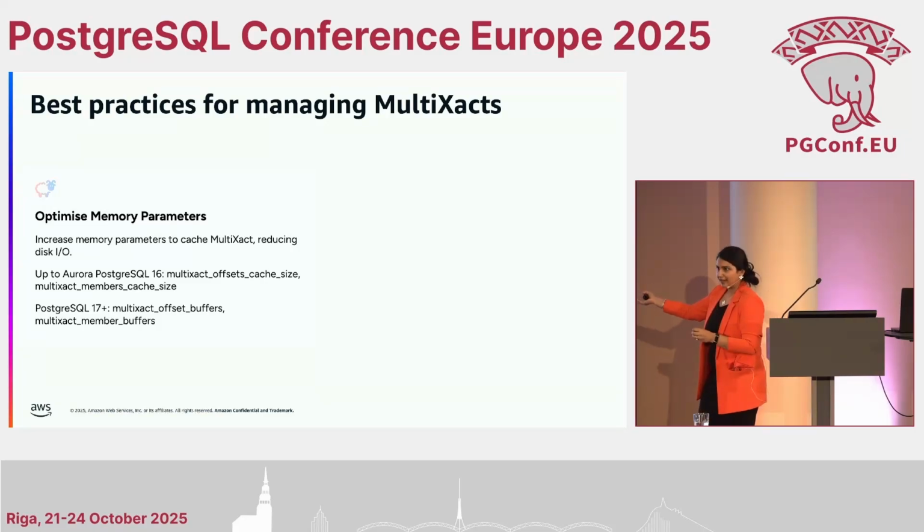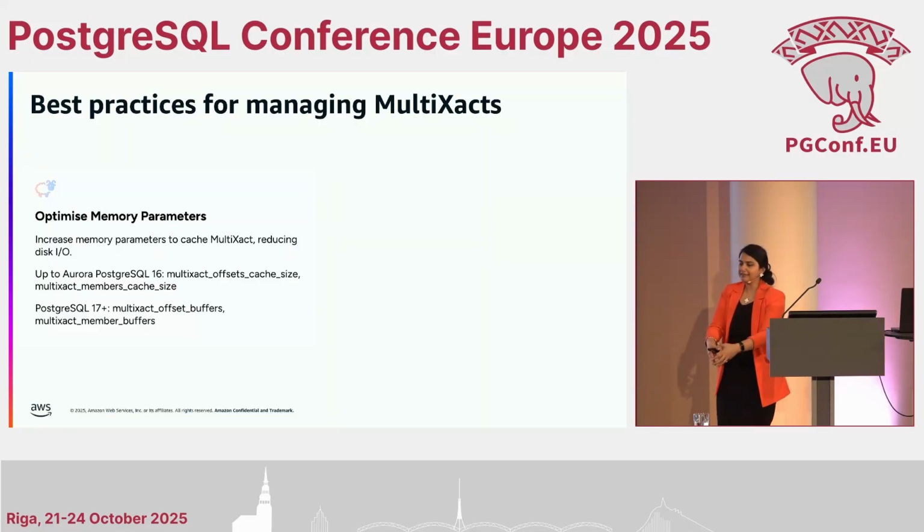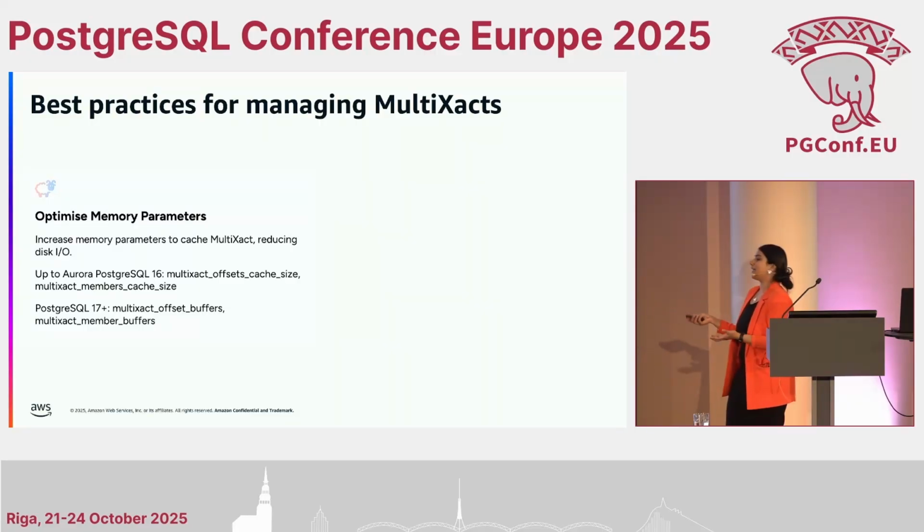The unit is 8K, just like shared buffers, but with these parameters you are specifying that you need this many buffers for your multixacts in memory.